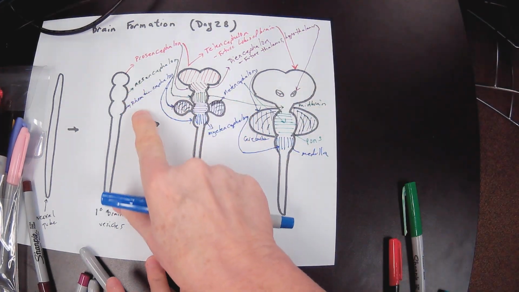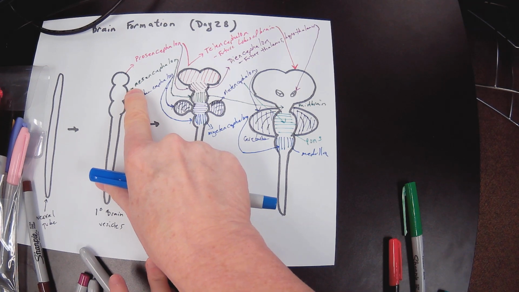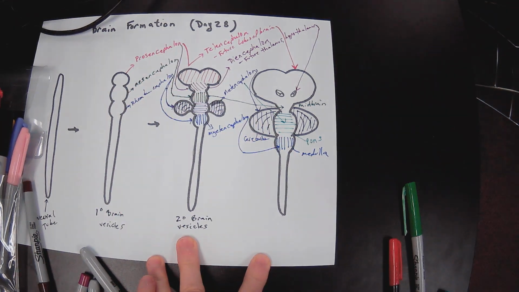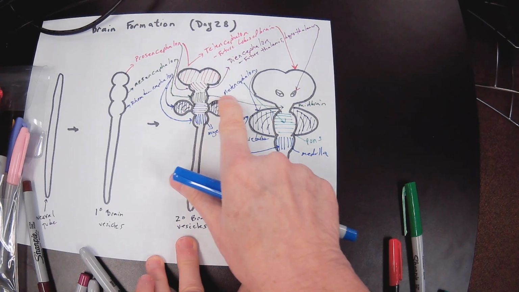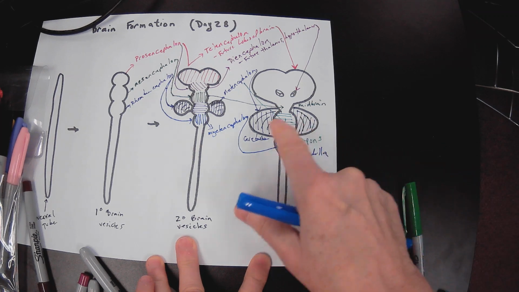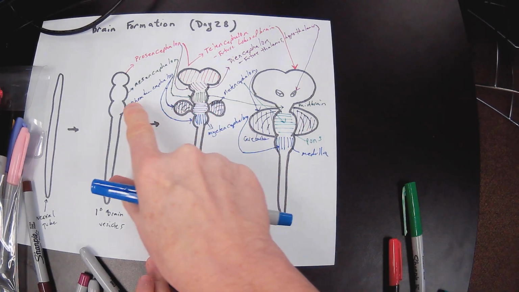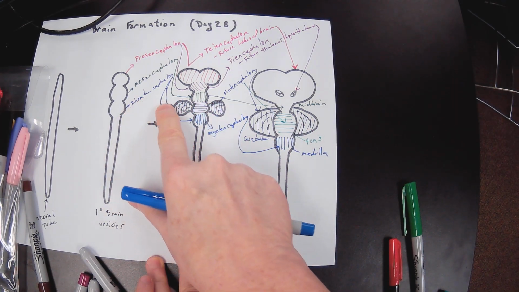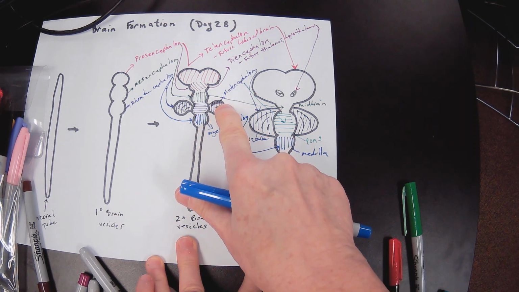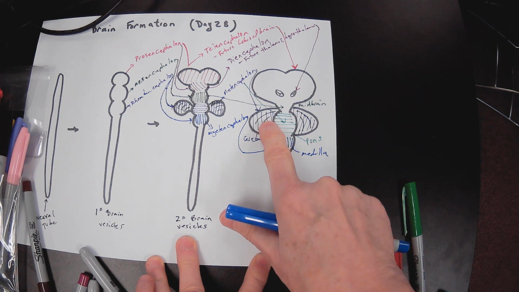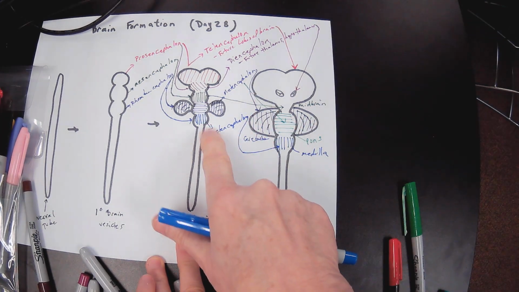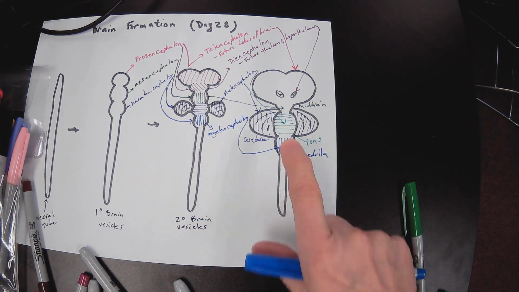Then moving down, your mesencephalon, primary brain vesicle, is still the same as the secondary brain vesicle, and it doesn't change a whole lot after that. It just becomes your midbrain. Underneath your midbrain, the original rhombencephalon became your metencephalon and myelencephalon. Metencephalon eventually develops to become the cerebellum as well as the pons, and the myelencephalon becomes your medulla.